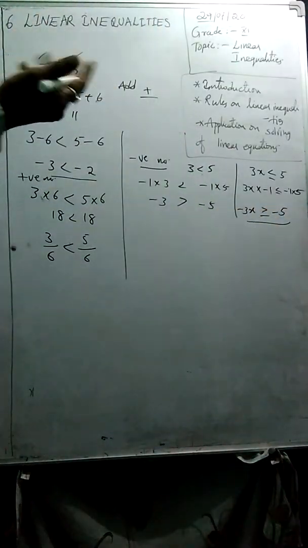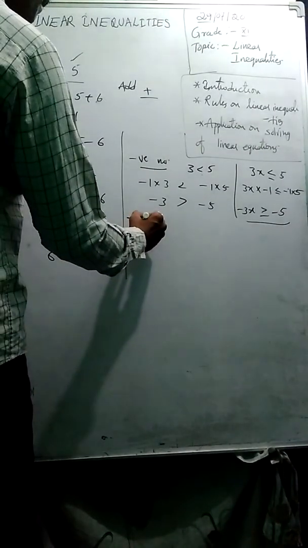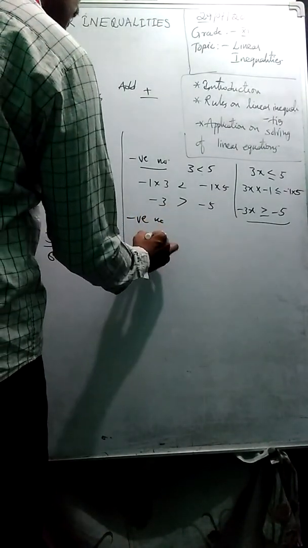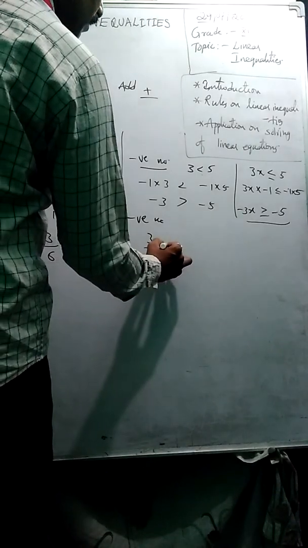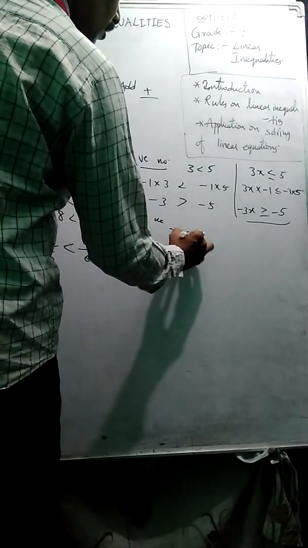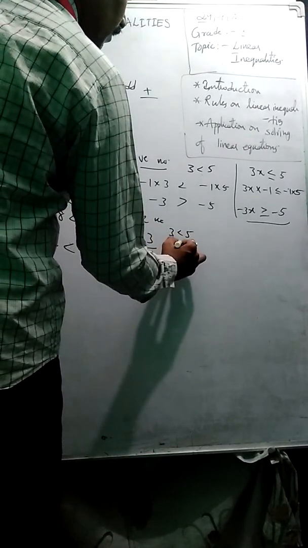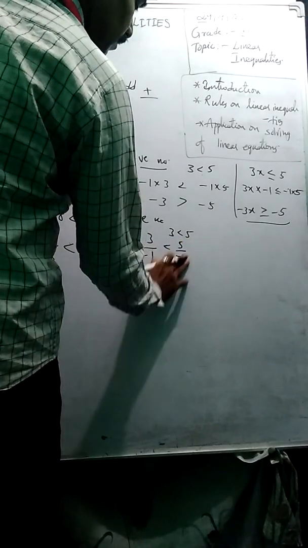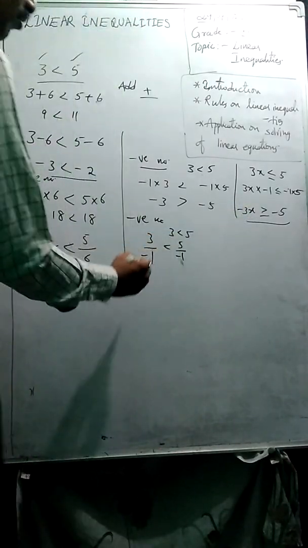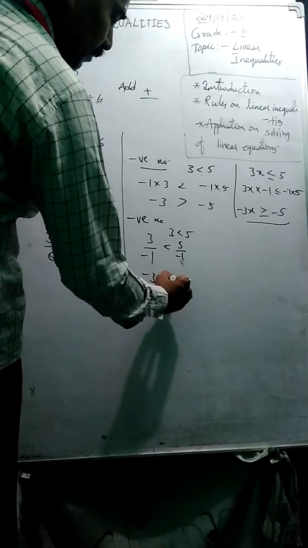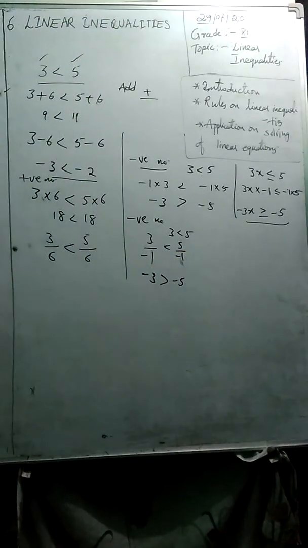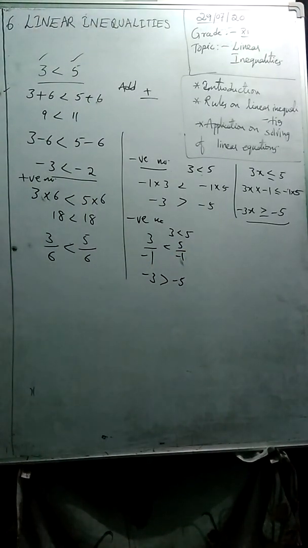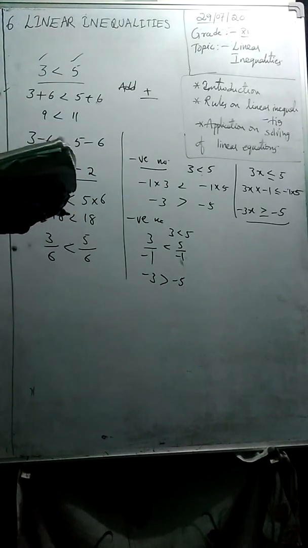It gets reversed. Similarly, if you divide by a negative number, the inequality gets reversed.